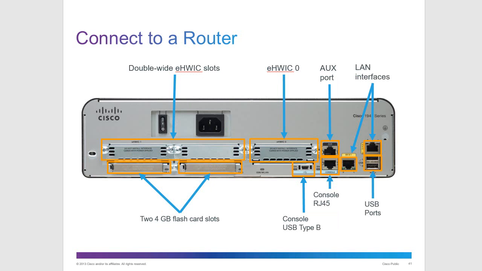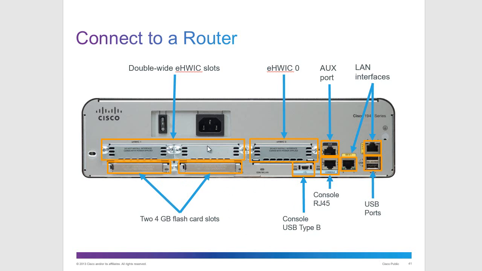We've talked about most of these ports on your router. What we haven't talked about are these WIC slots. You've got WIC slots, so you could add serial support, DSL support to your router. They're modular. There are cards you could slide in there to add support for different connection types. You also have at the bottom there your flash card slots to expand memory of the router if you were to need to.